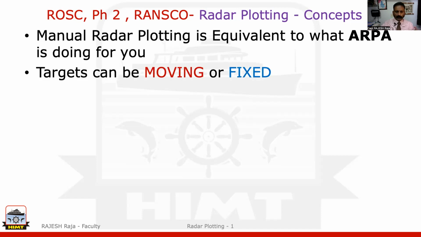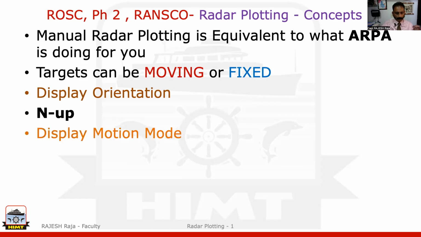Your targets can be moving or fixed, but I'm going to give you only moving targets. The display orientation I'm going to use when I'm doing manual plotting is going to be north up. The motion mode I'm going to use while doing plotting is going to be relative motion.